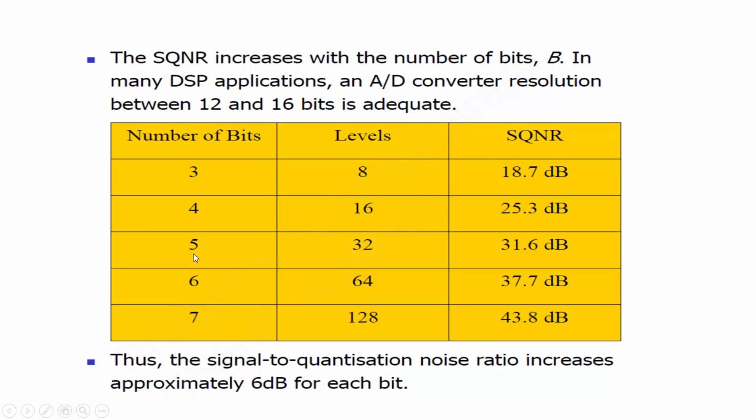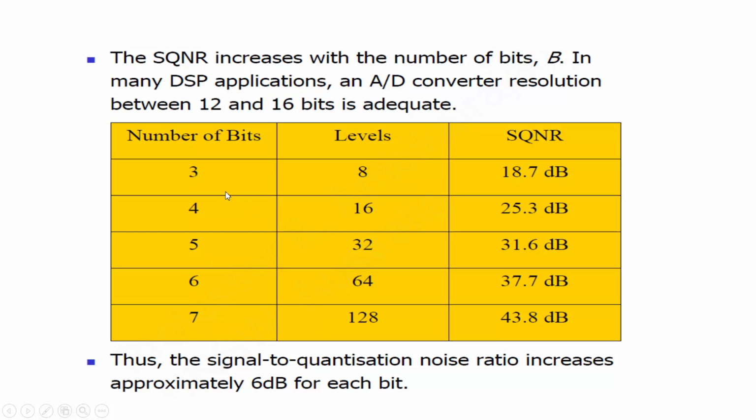Now, if you see the number of bits as 5, increased by 1 from 4, the number of levels is 2 to the power 5, which is 32. What is the SQNR? 31.6. Again, there is a difference of 6 dB from a 4-bit A to D converter to a 5-bit A to D converter.